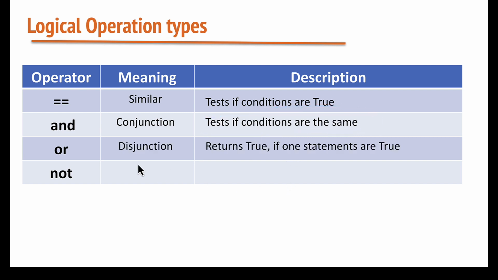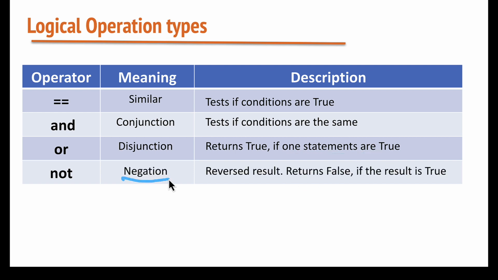This is a disjunction, meaning that it returns a true value if one of the statements is true. And then we have not, which is negation, which gives us a reversed result. So false is going to return a true.